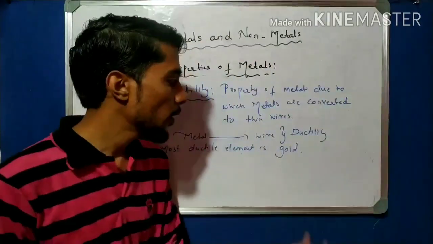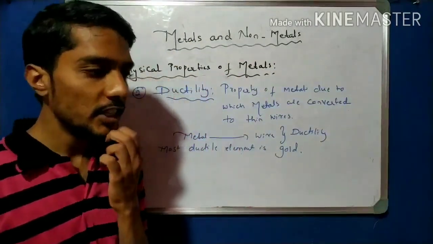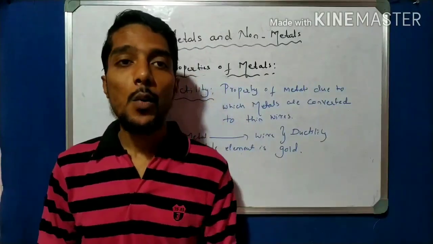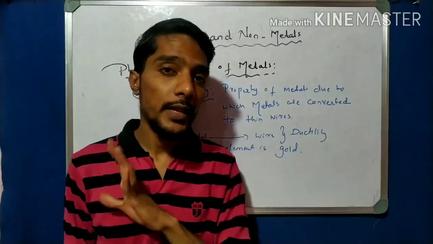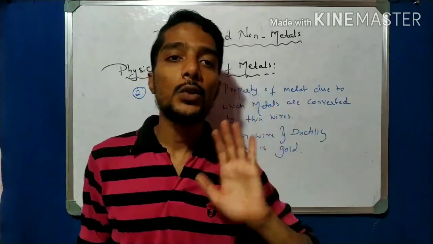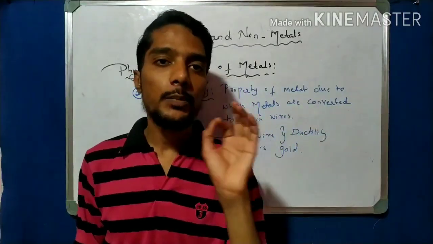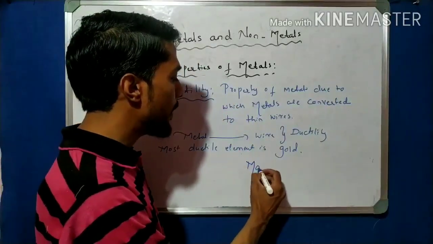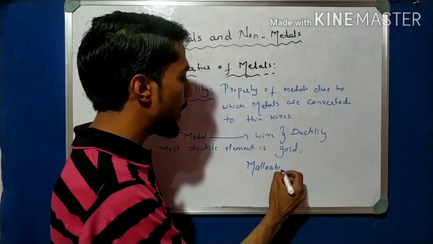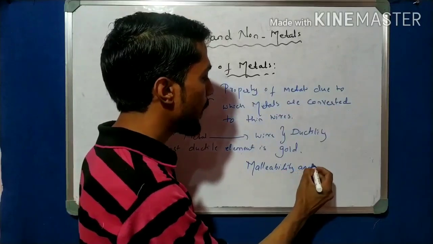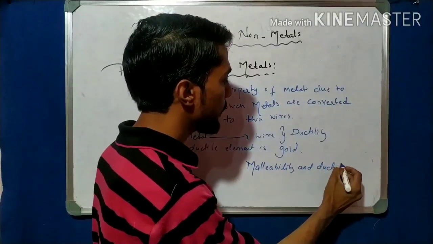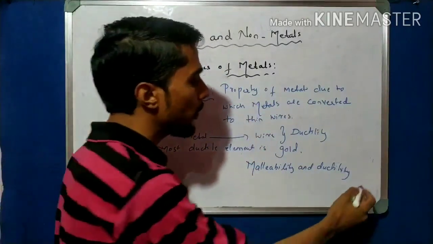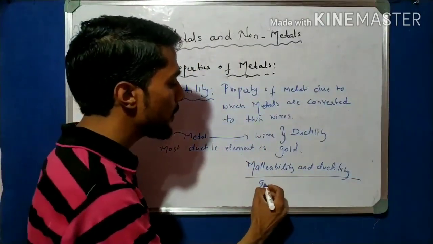Students, because of that, the answer is changed here. In the malleable property and ductile property example, they ask why gold is used to make gold ornaments. It is because of two properties: one is malleability, converted into sheets, and one is ductility, converted into wires.